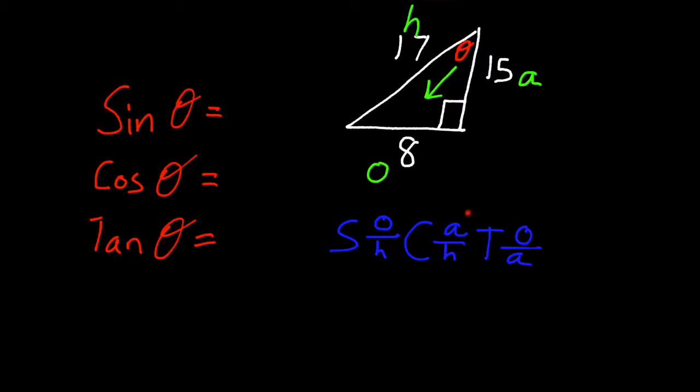Now we just put it into play with our SOHCAHTOA, and we call it a day. So the sine is opposite over the hypotenuse, so that is 8 over 17. The cosine is adjacent over hypotenuse, so that is 15 over 17. And tangent is the opposite over adjacent, so 8 over 15. And there we go. We have found our 3 basic trig functions.